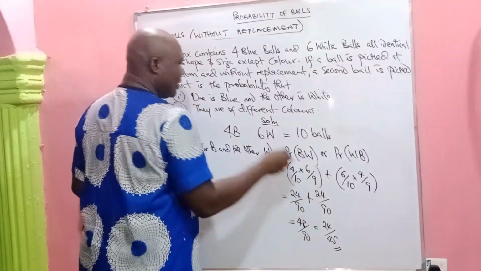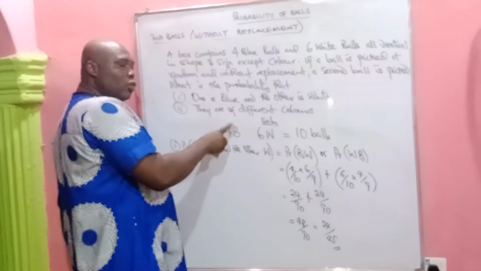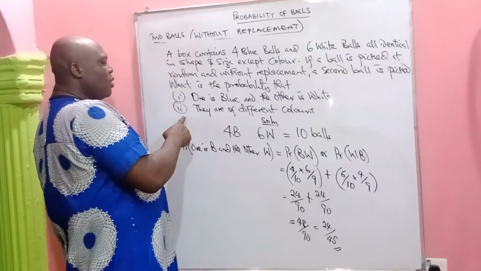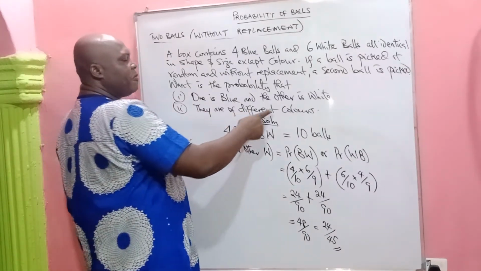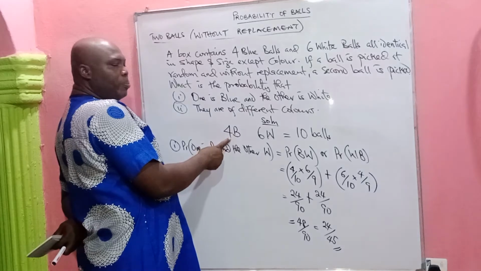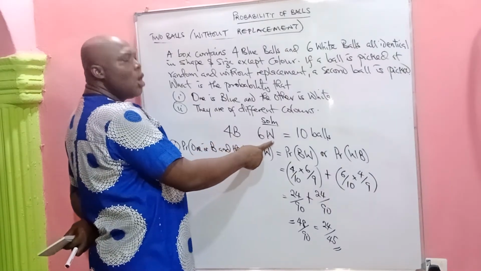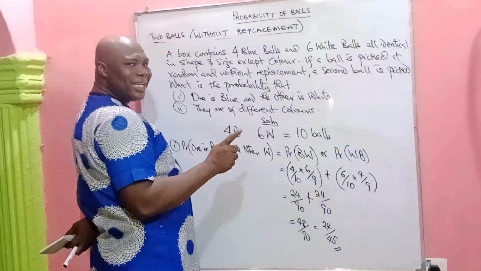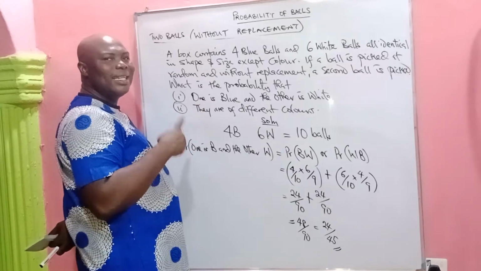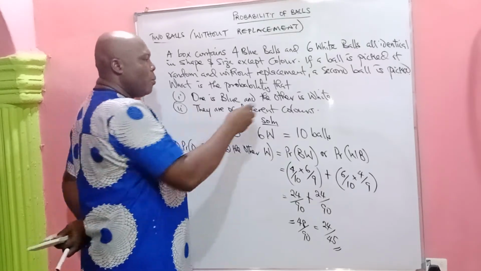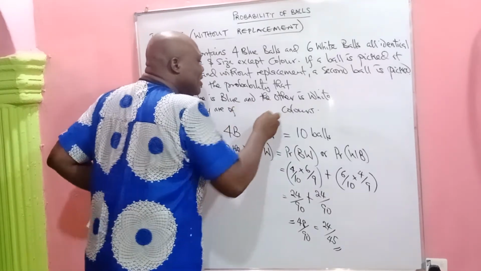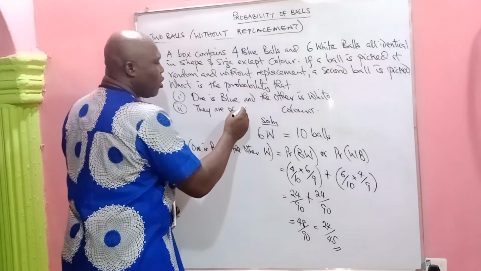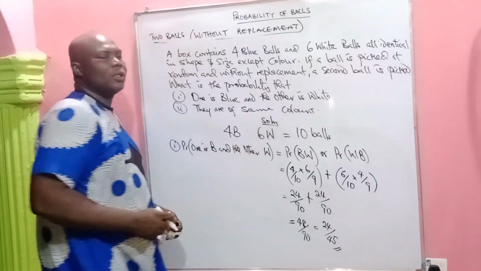So it will still be the same thing. Please take note. I purposely wrote it out so that you understand. If you're saying what's the probability that they are of different colors, meaning that the first you pick will be blue, the second white, or the first you pick will be white, the second blue. They are maintaining different colors. But assuming we are asked to find of same colors, what happens?